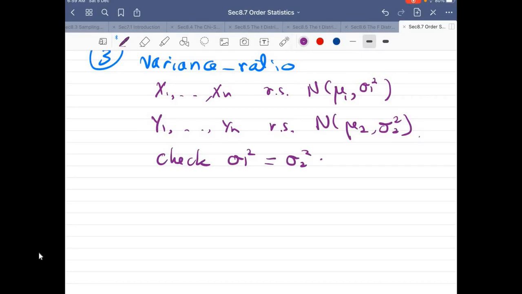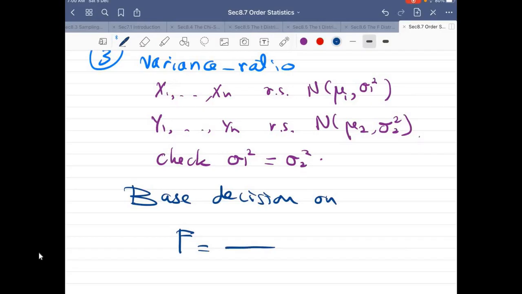We use the F test, and base the decision on the F ratio of S1 squared divided by sigma 1 squared over S2 squared divided by sigma 2 squared.